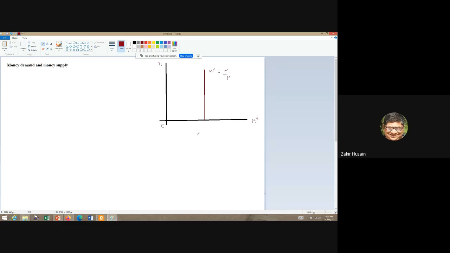Sometimes we can also write MS, and we write it in this form. So this is one way of writing it. The alternate way is this. As you can see, both are the same.